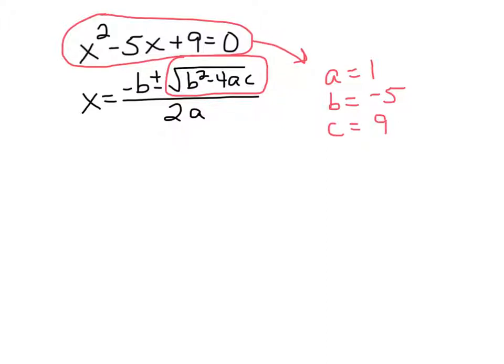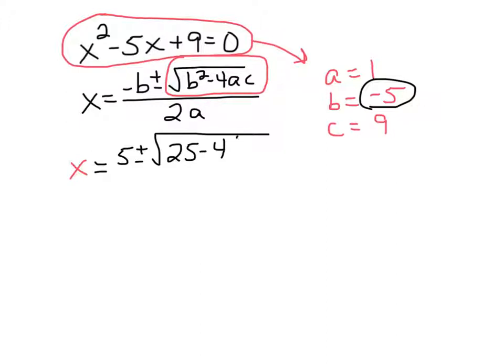So I'm going to solve this by putting all that information into the formula. If b is equal to a negative 5, the opposite of that would be 5 plus or minus the square root of b squared, which would be 25, subtract 4 times a, which is 1, times c, which is 9, all over 2a, and a is equal to 1, so it's just all over 2.